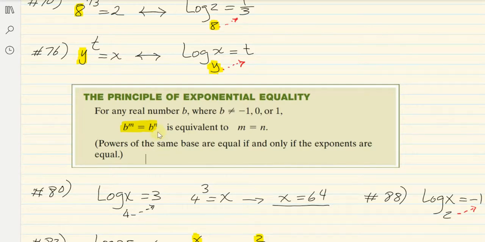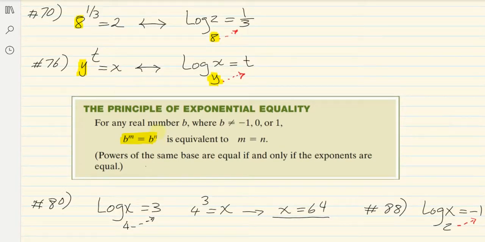In this segment now, they're actually asking us to solve these equations. So in exercise number 80, we want to solve log base 4 of x equals 3. Right next to it, I rewrote this expression in exponential form.